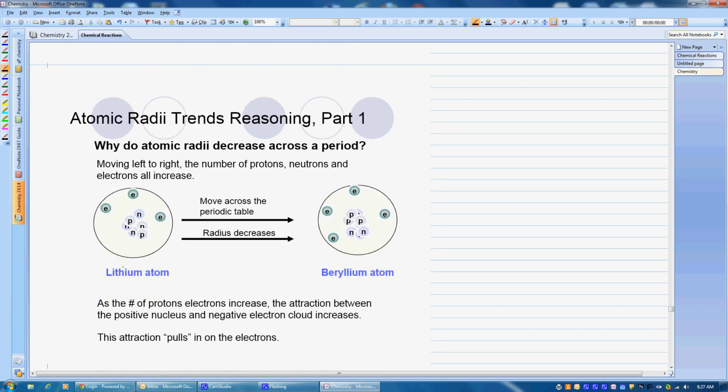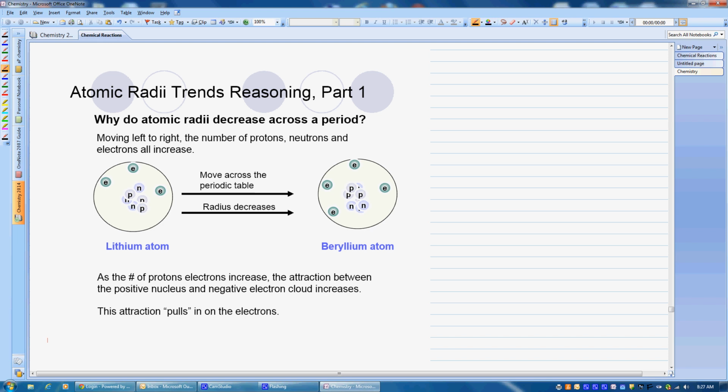As you go across the periodic table, the number of protons increases, as do electrons and neutrons, but the protons increase. That means you have more positive charge inside your nucleus, so these electrons are going to get pulled in tighter to the center of the atom.